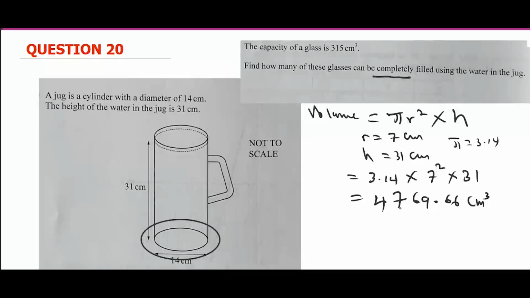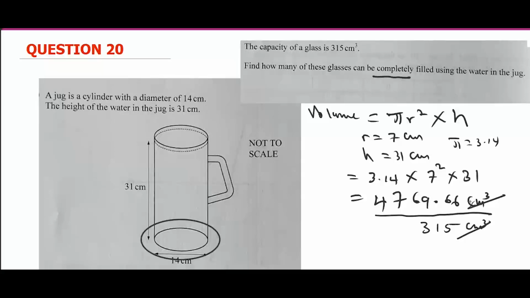If you want to fill it up with a glass which can take 315 centimeter cube of water at once, you just have to divide this by 315 centimeter cube. Of course, centimeter cube will cancel out. So take your calculator and divide it by 315.